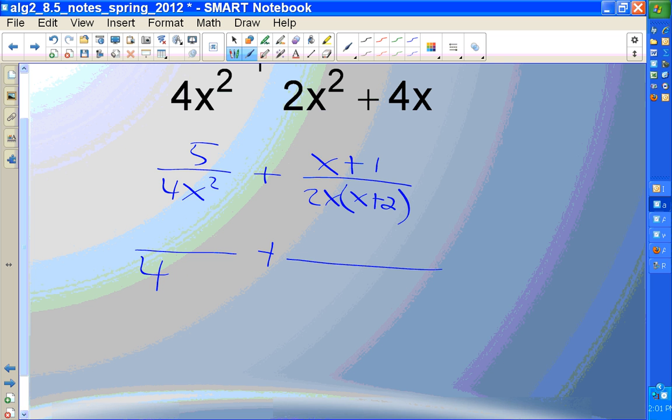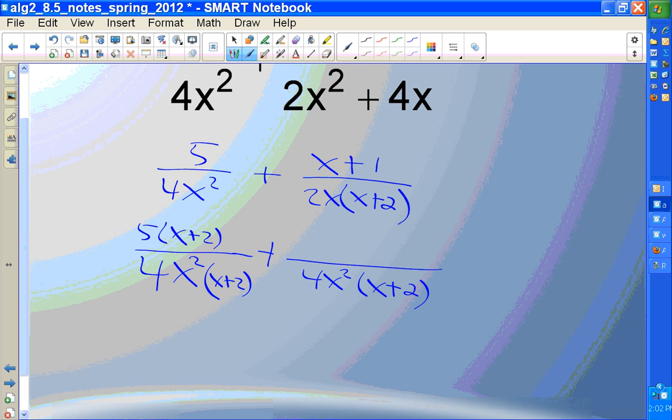Next factor is x. Which power should I take? Squared. And then the last factor is x plus 2. So we have 4x squared and x plus 2. What do we have to multiply the one on the left by? x plus 2.